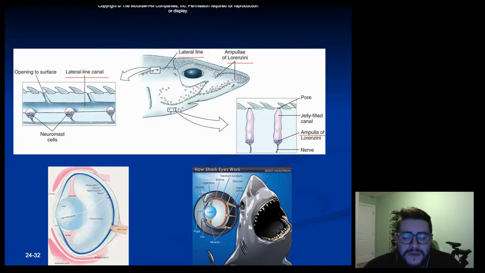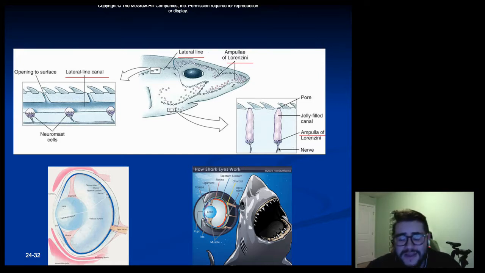You can also see a couple different things here. Here's the lateral line system going along the outside of the shark's body. The other structure you need to know about is called the ampullae of Lorenzini. The ampullae of Lorenzini are found in the shark's nostril region. If you look, here's a pore with a jelly-filled canal leading up to the ampullae of Lorenzini, which lead to nerves.